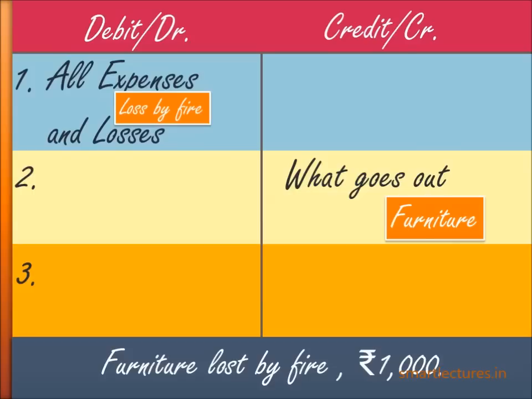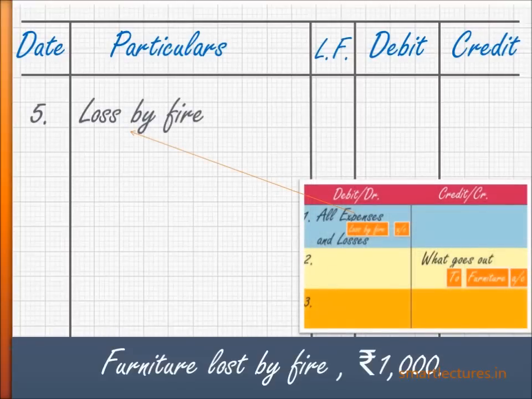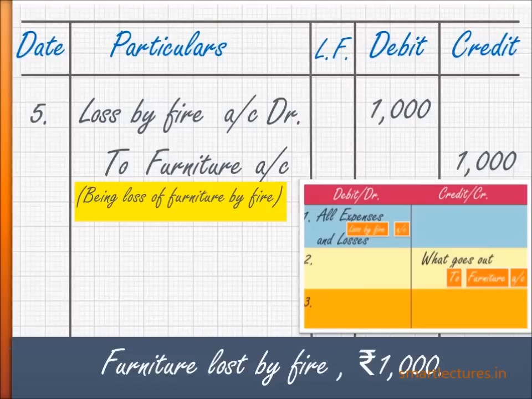Means we have lost the value of furniture, or the value of furniture has gone out. You can say in this sense. So on the debit side, loss by fire account, and on the credit side, to furniture account. So let's make the journal entry. Loss by fire account debit 1,000 to furniture account rupees 1,000. And what will be the narration? Being loss of furniture by fire.